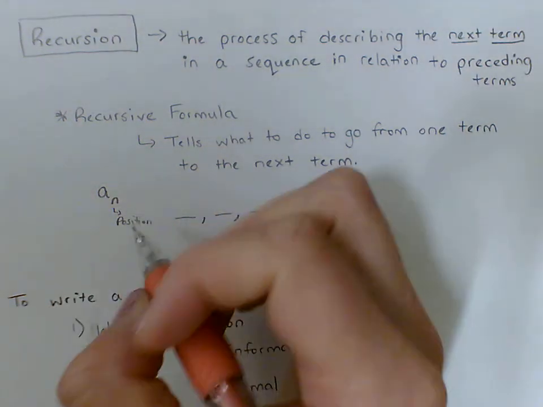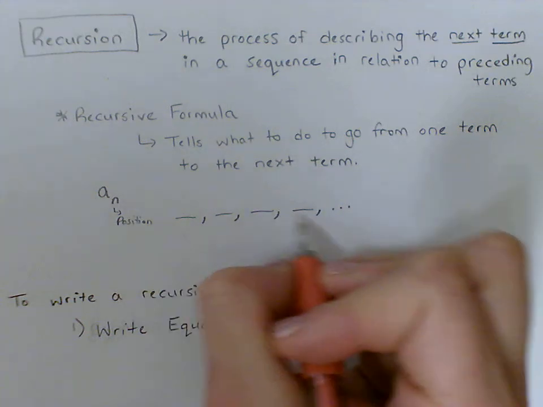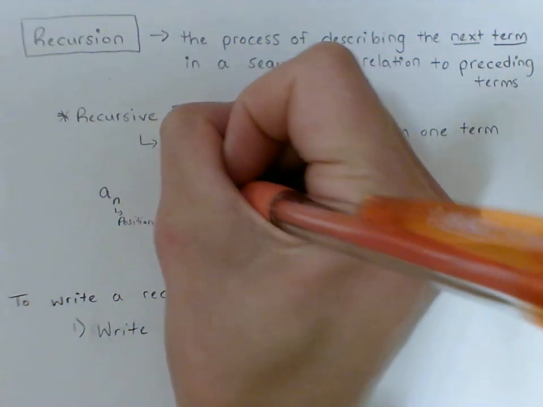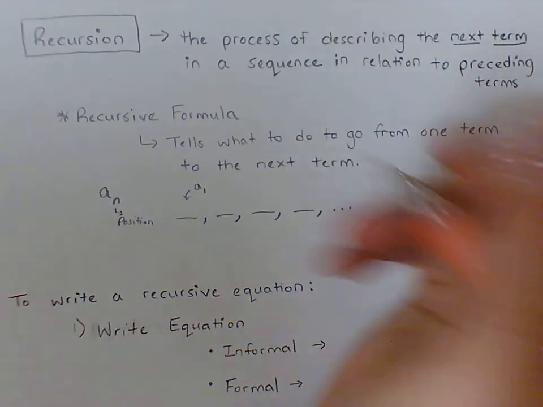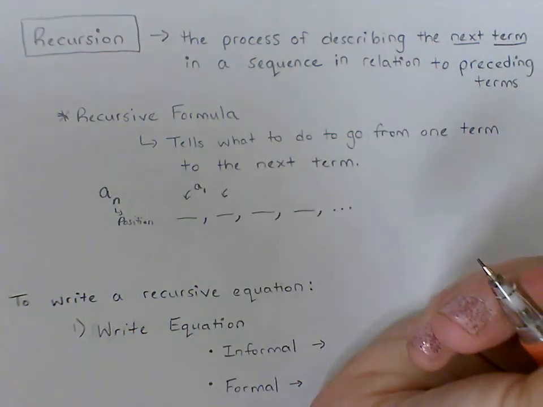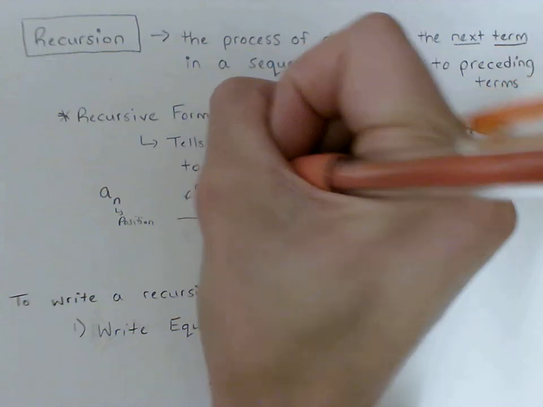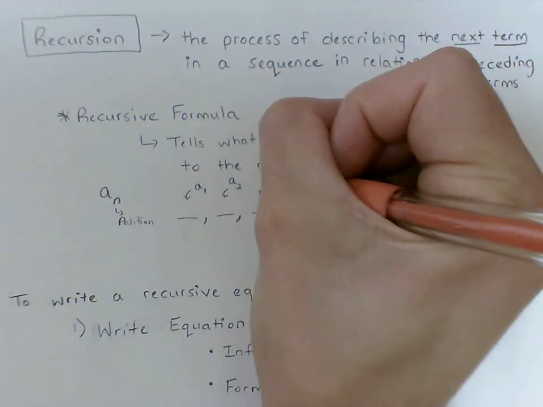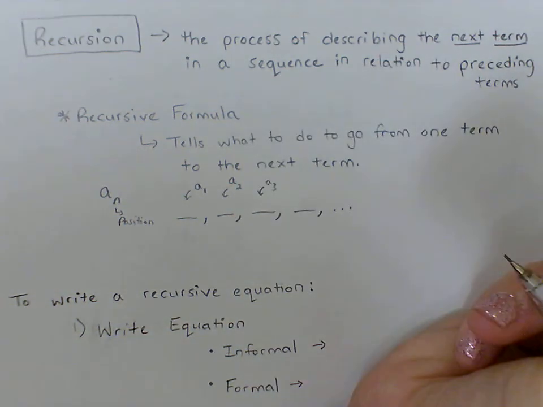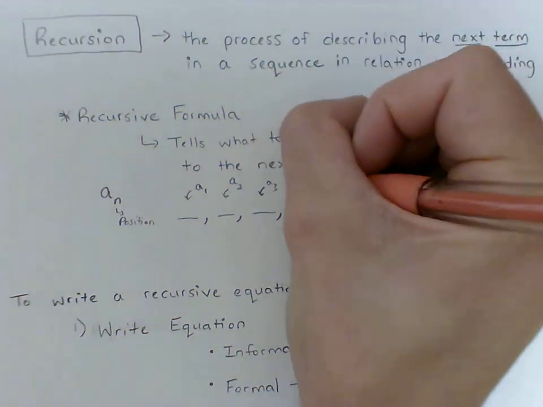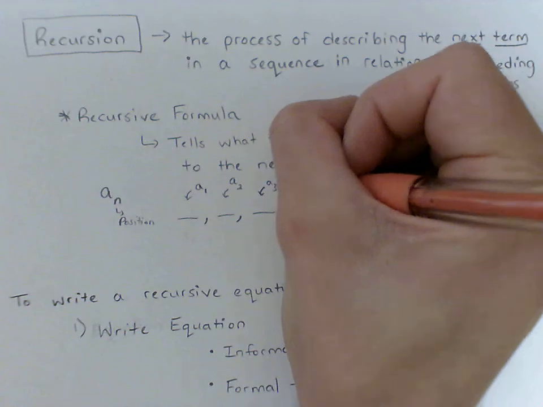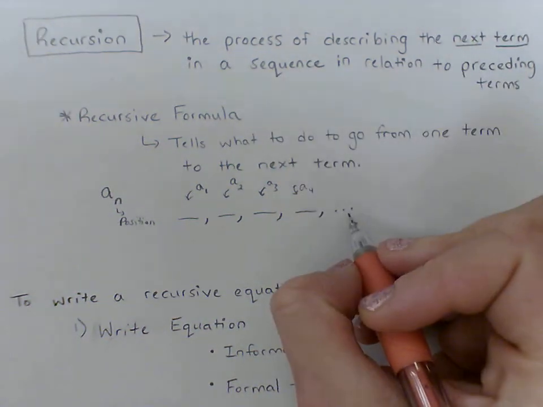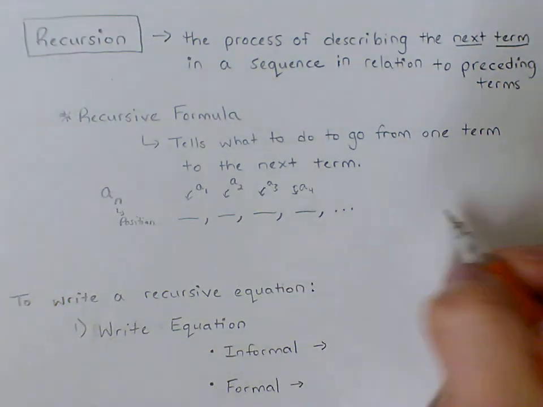So if I was describing each of these terms, this would be my first term, so you would label this one as my A sub 1 term. This would be the second term, so I would label it with an A with a subscript of 2. This was the third term, so that'd be an A with a subscript of 3. And then this is my fourth, so it'd be A sub 4. And then we could keep going. So this would be the fifth term, then the sixth, then the seventh, and so on and so forth.